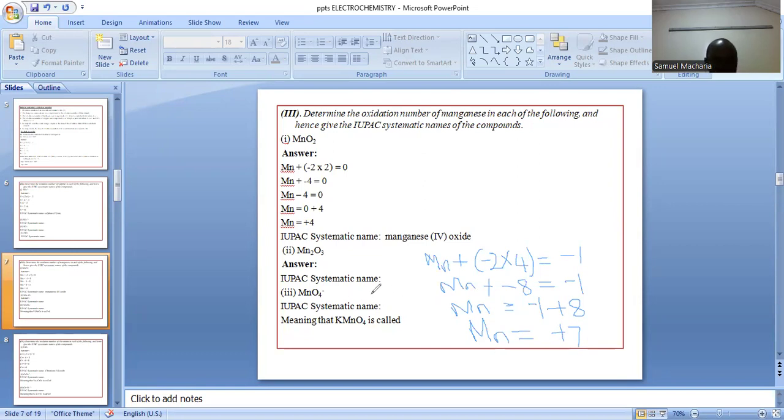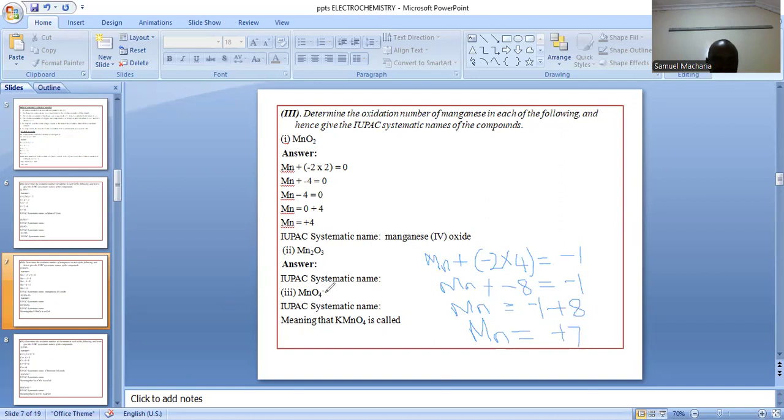Meaning now, let's come to the IUPAC systematic name of this ion or this radical. In fact, we call it manganate 7 ion. Manganate 7 because the oxidation number of manganese is +7.